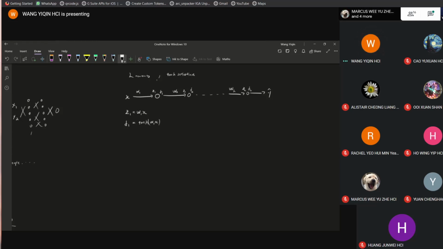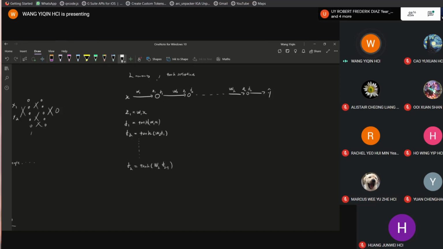And your f2 will be equal to tanh of your second weight multiplied by the previous output, which is f1. And then you can keep doing this until you get to the last neuron, where fL is essentially equal to tanh of the weight wL multiplied by the previous, which is fL minus 1.